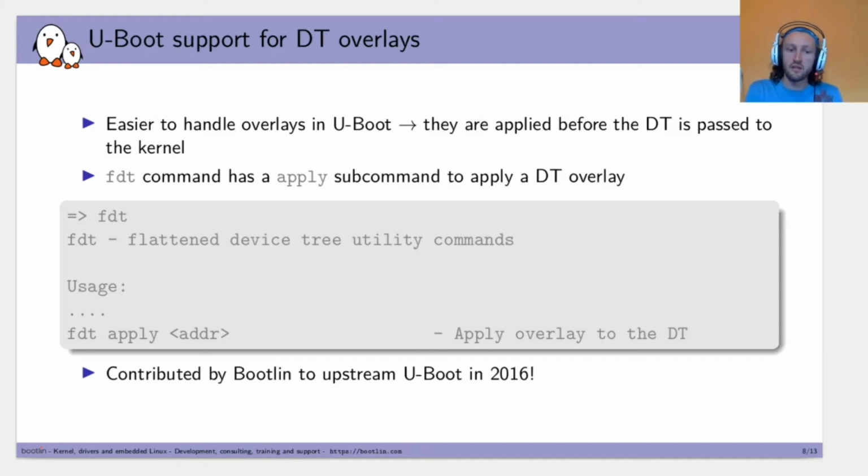For that, we use the fdt command, and the apply subcommand is the most interesting subcommand because it allows us to apply whatever overlay to the kernel device tree. This fdt command has been contributed by Butlin in 2016.